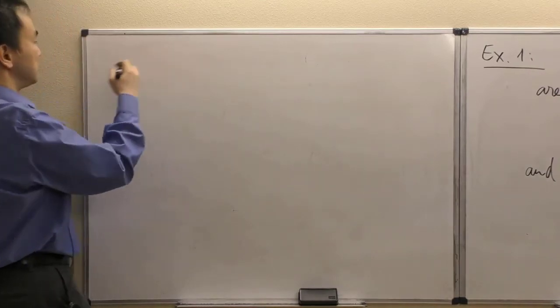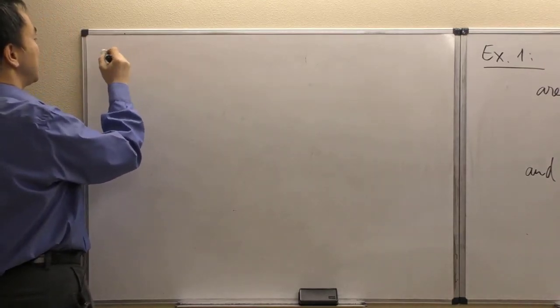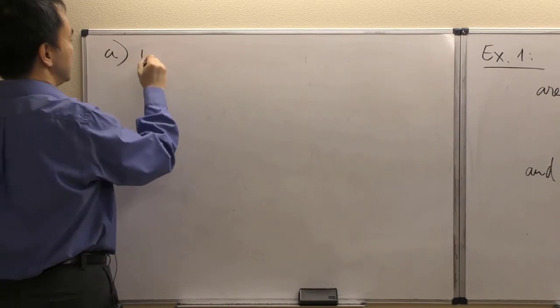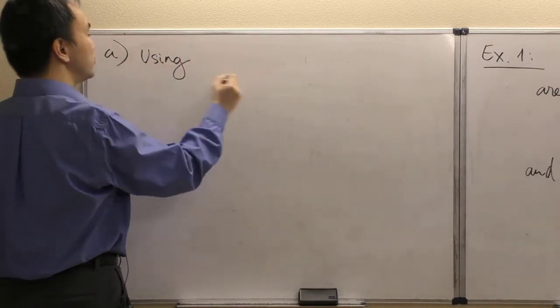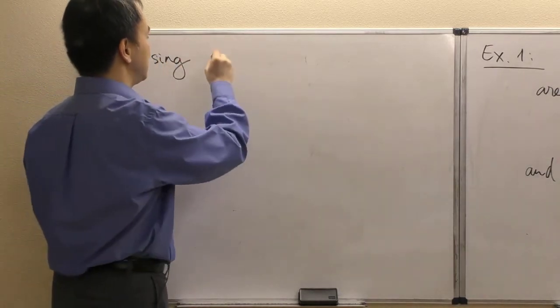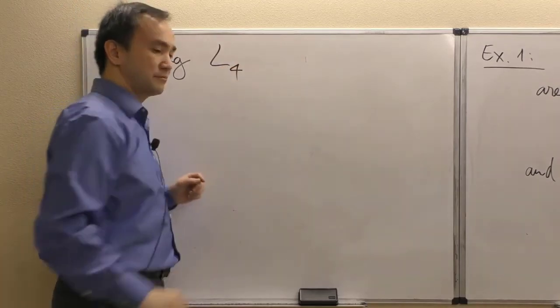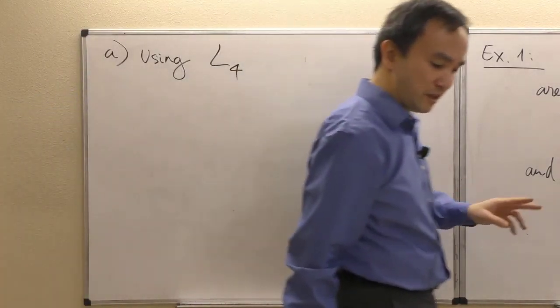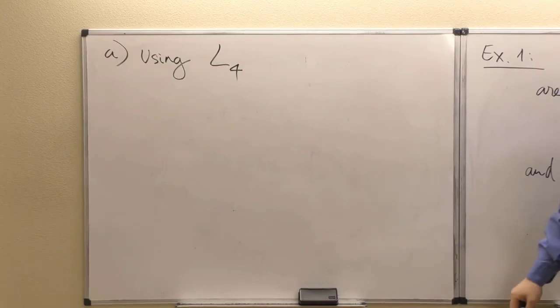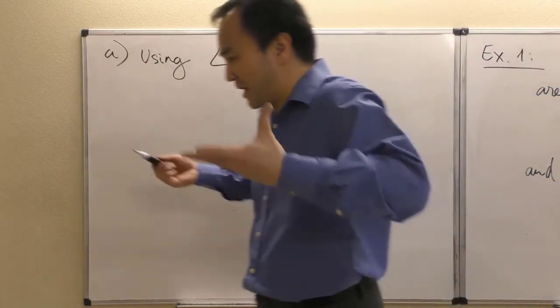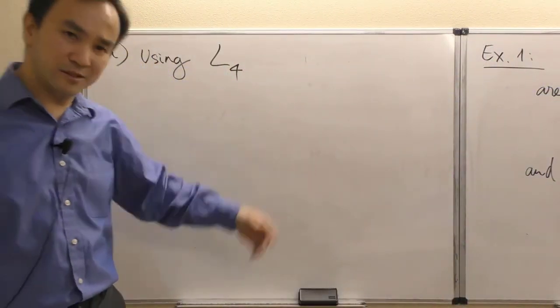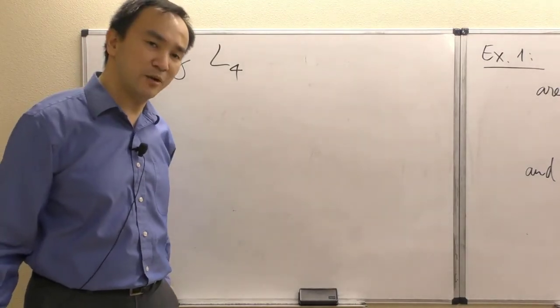All right, so how about question A right here? We want to approximate, but now using L4. This is something that we can all do with paper, pencil and a calculator. We don't need decimals or a nice graphing calculator for this.